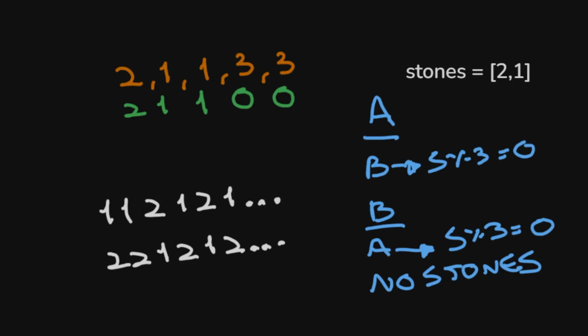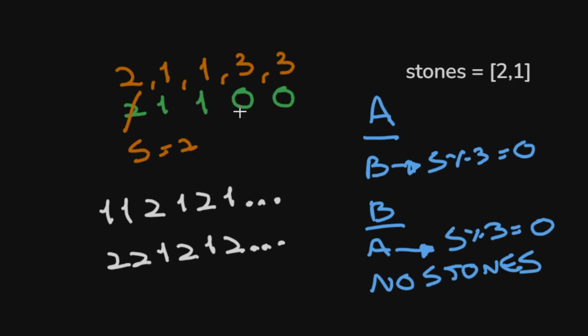So once again, let's say that we are given this input. We start with Alice and we will follow this pattern because we only have 1 2 and we are trying to win. So the initial score is a 2. Now we don't have this stone anymore. This is not divisible by 3, so we continue with Bob's turn. We don't have a 2 here, but we have some 3's.